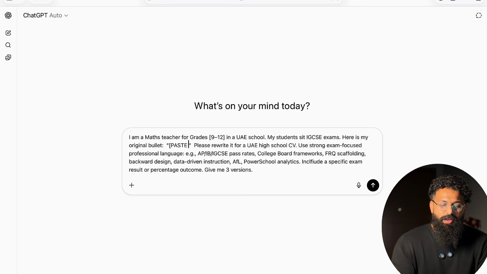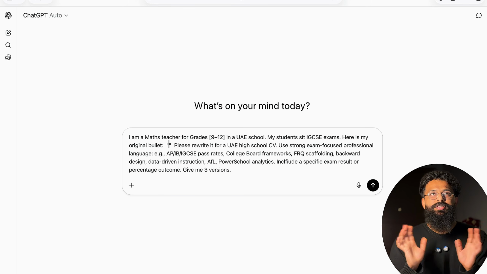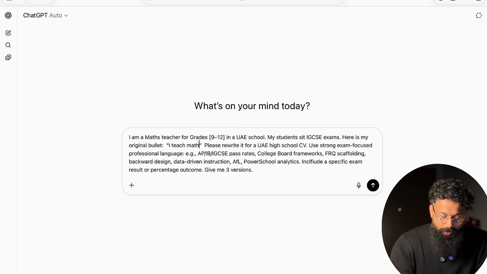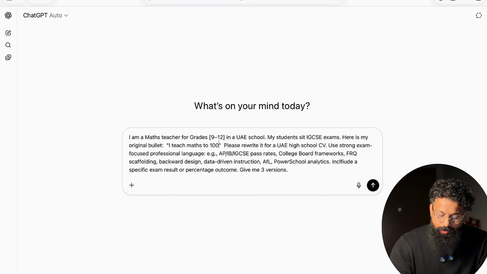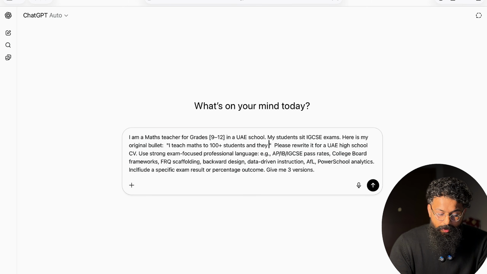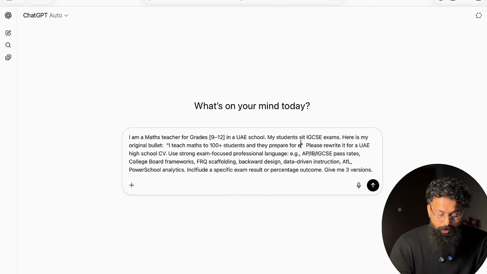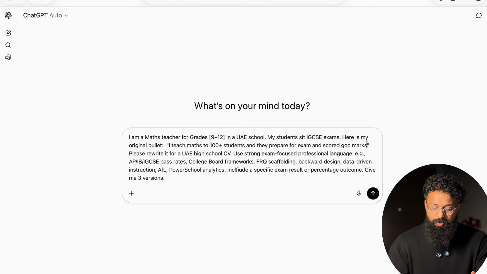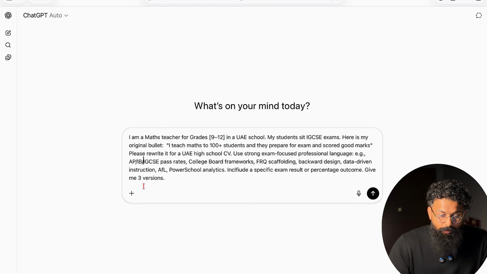Let's take for an example, my original experience bullet point was that I teach maths to, let's say, 100 plus students, and they prepare for exams and secured good marks. Let's keep it simple. Sorry for the typo. That's it. And then I'm looking for IGCSE, so I'm going to make it IGCSE here again, and you're ready to go.